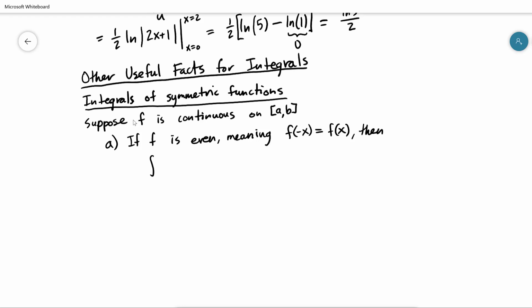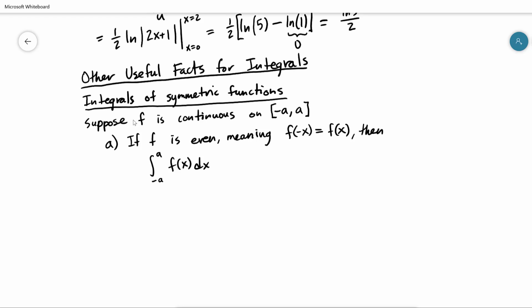Our integral from negative a to positive a of f of x dx. So maybe this was a bad interval to take. Let's not say a to b. Let's say it's continuous on at least from negative a to a. That's the interval I actually care about.